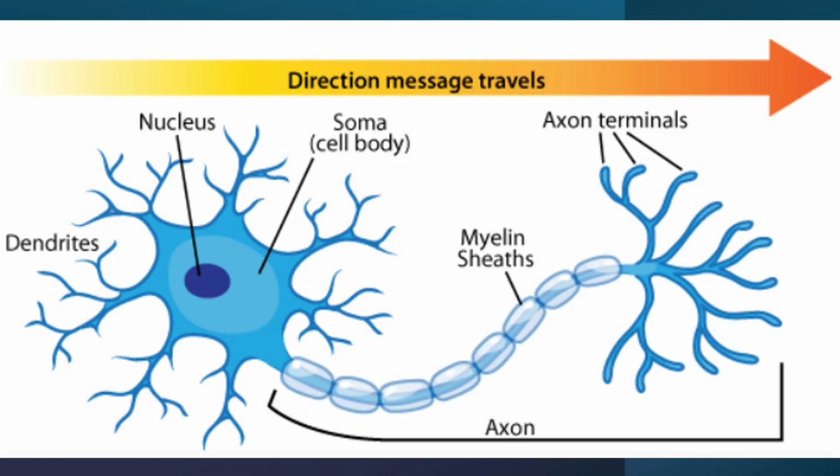Now, as a recap, we have our neuron sending a chemical message to this neuron. It receives it on the dendrites of the neuron and the soma, which is the cell body. The neuron becomes excited and reaches negative 55 millivolts.